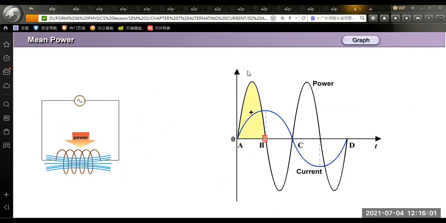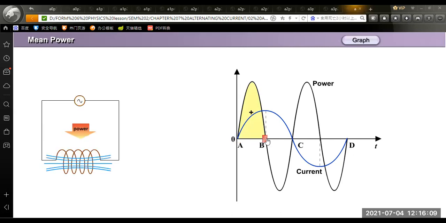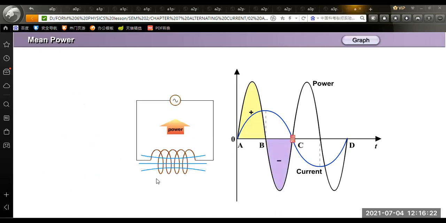The shaded area shows that from A to B, the magnetic flux through the inductor increases. From B to C, the magnetic flux density decreases.